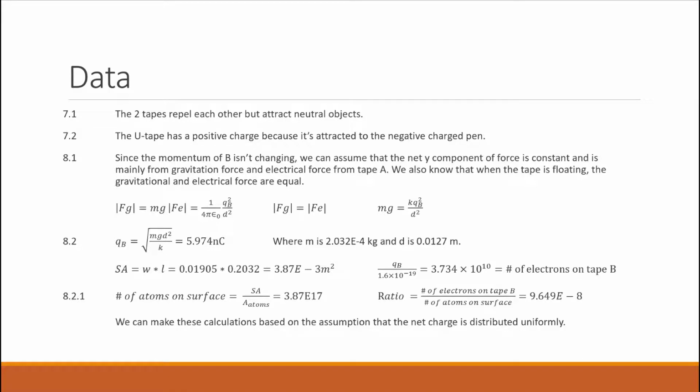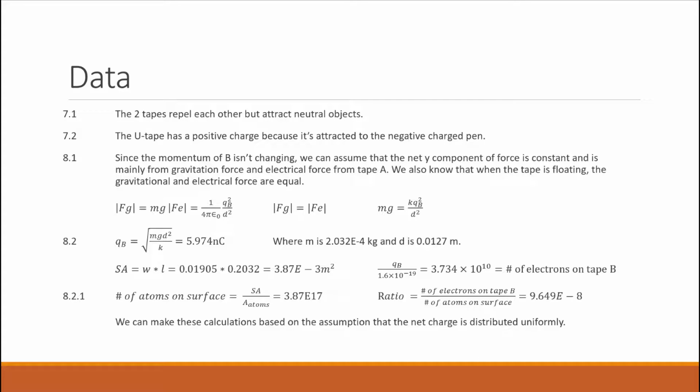Then taking that number and dividing the number of electrons by the number of atoms on the surface, which I got was 9.649 times 10 to the negative 8.